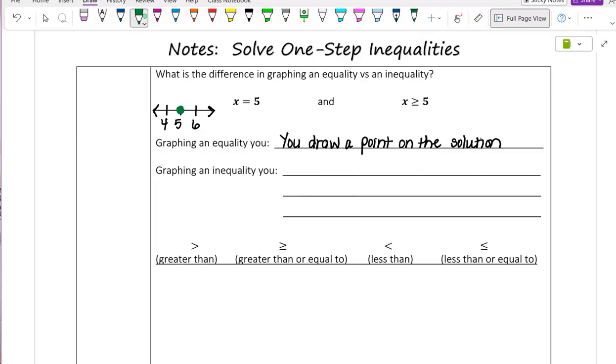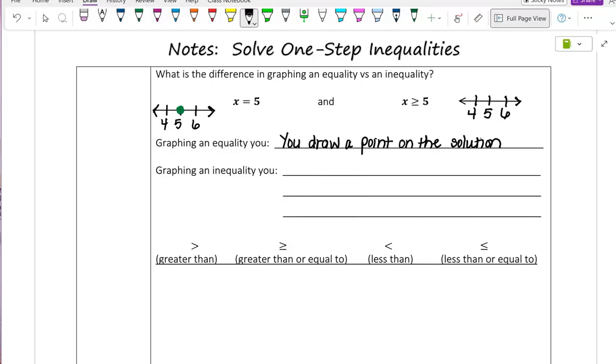Now, for x is greater than or equal to 5, the number line itself actually looks very similar. I'm still going to put my 3, have my 4, my 5, and my 6. But there's a couple different decisions that have to be made here.